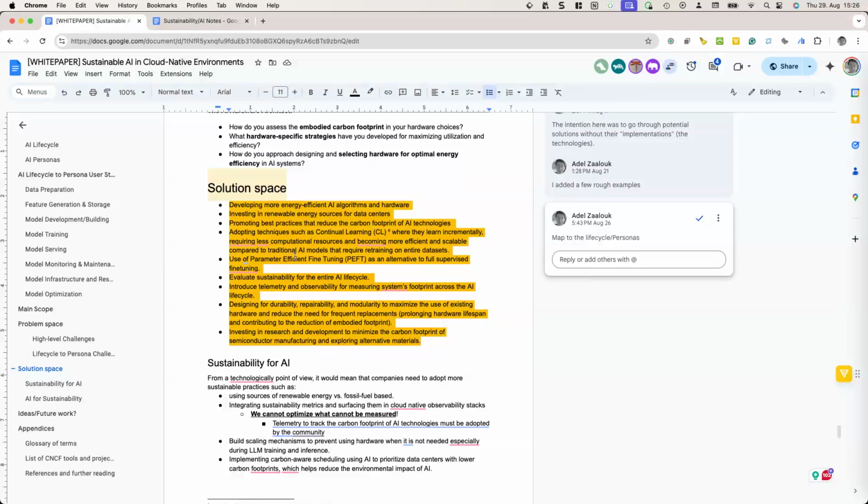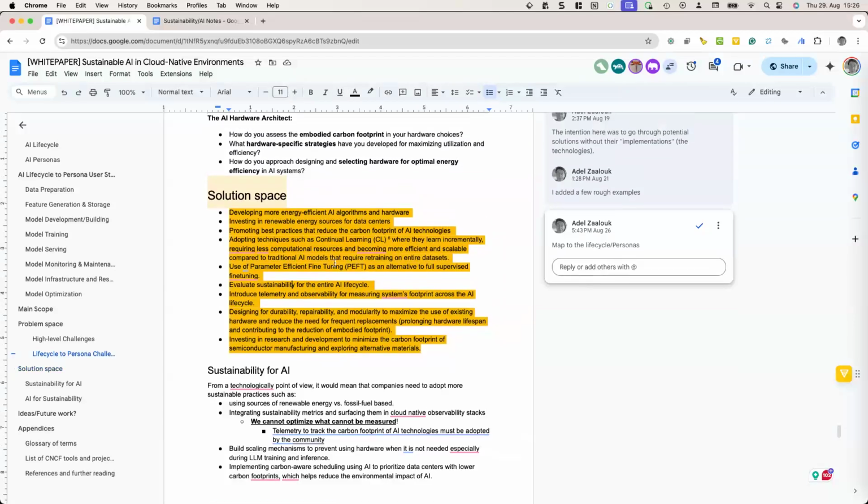This was not the example I wanted to discuss, but it's an example. Then there are techniques for training the model in a way that helps reduce energy consumption. You can use something like continual learning, and there's a reference about that in the paper. This is a technique and approach, not a tool or an implementation. I'm not saying use this CNCF project, I'm saying use this technique.